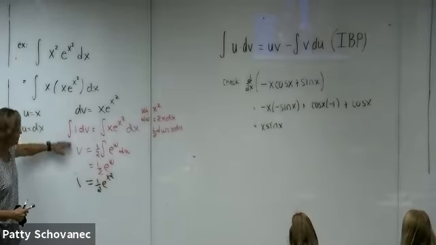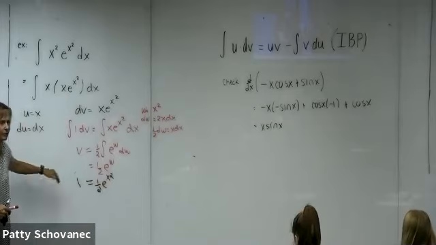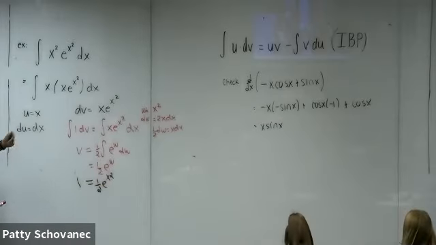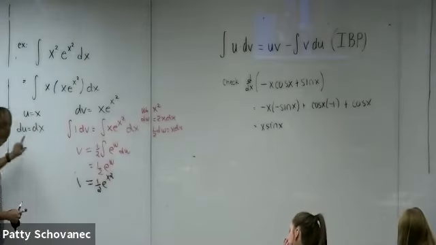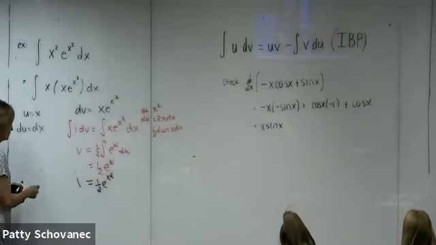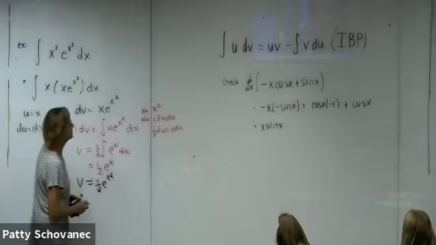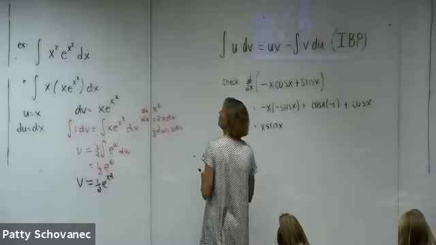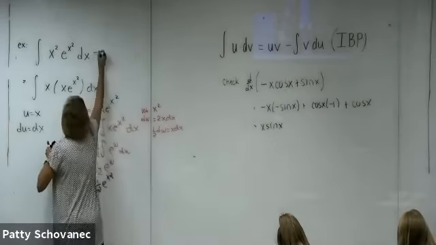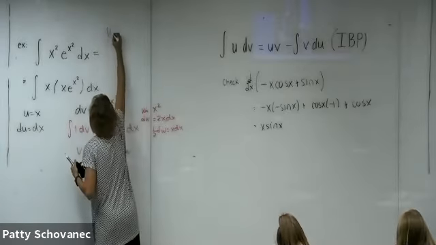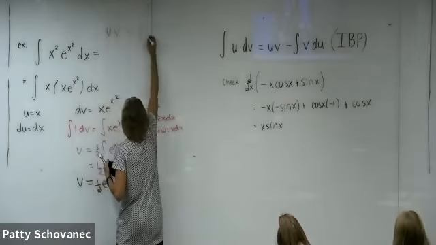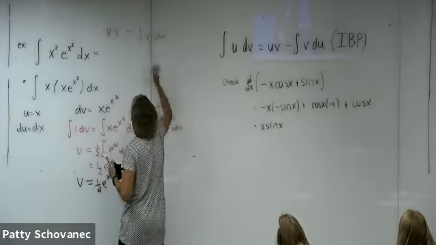So not always will you be able to do the integral in your head. You might have to find your dv by a little work. But what we need is the uv minus the integral of v du. So let's put it up here. My formula: u times v minus the integral of v times du.